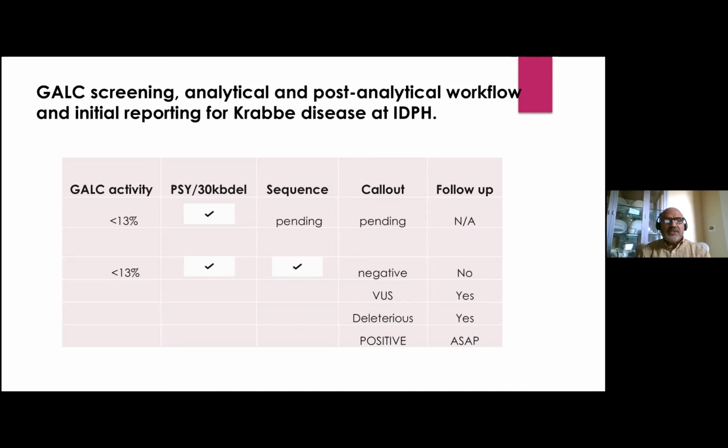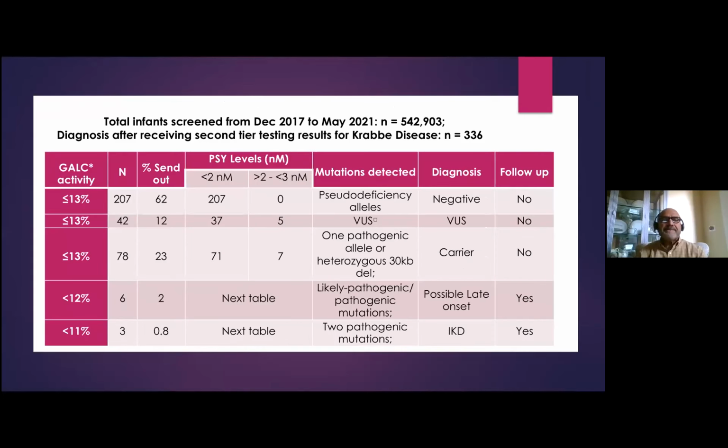If psychosine results are elevated, at this moment above 8.7 nanomolar, we call it positive and refer the baby immediately for further follow-up as a suspected infantile case. Can I have the next slide, please?